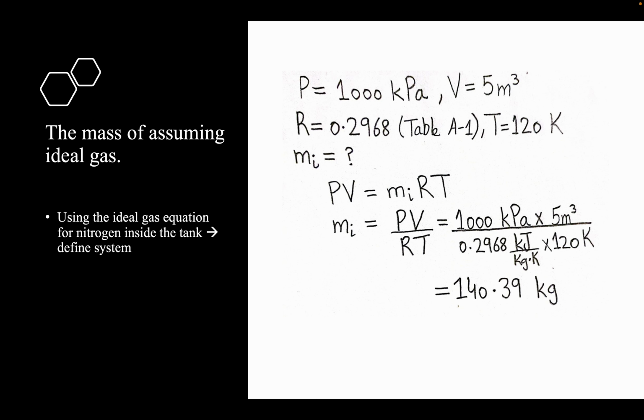Volume is 5-meter cube. The R is 0.2968 kilojoules per kg Kelvin. We get it from table A1. And the temperature we have is 120 Kelvin. So we use the equation, we make mass the subject, and then we find the mass, which is 140.39 kilograms.